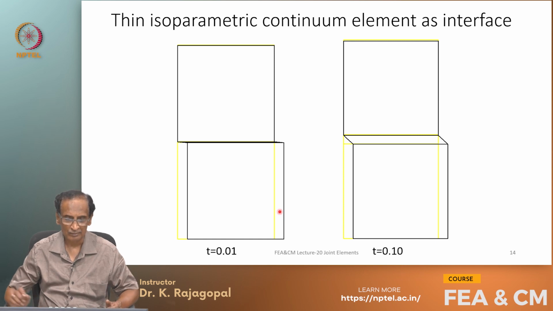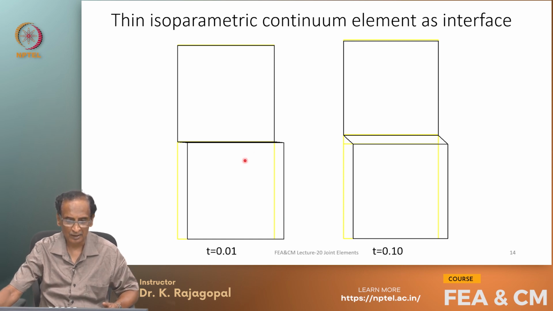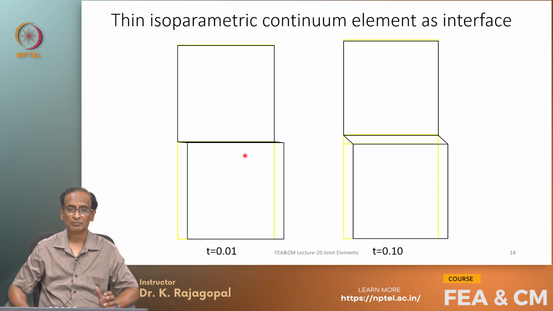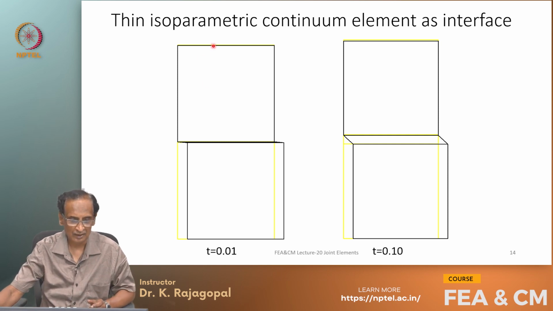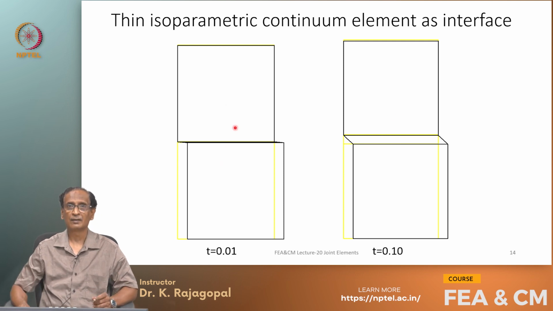So, let me show you one example of using the thin interface element. Here we have two blocks, the upper block and the lower block, and these two are connected with a thin isoparametric element. In fact, all of them are 8-node quadrilaterals.